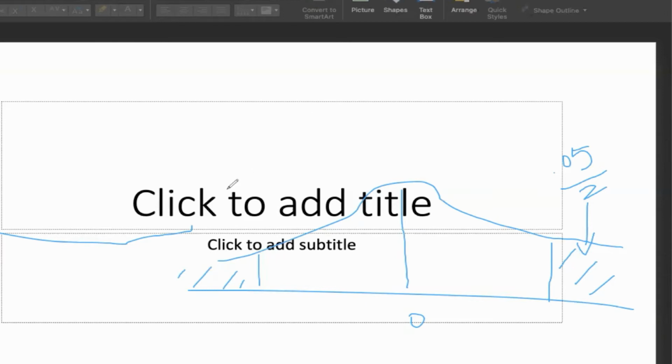So in that case, you divide 0.05 by 2, which gives you 0.025, right? And this is also 0.025.